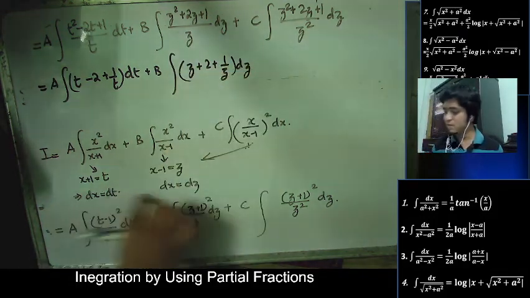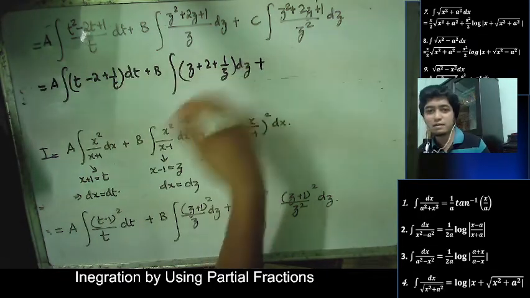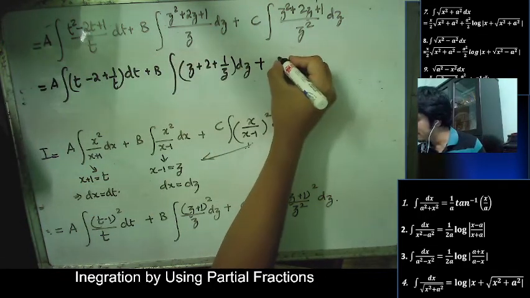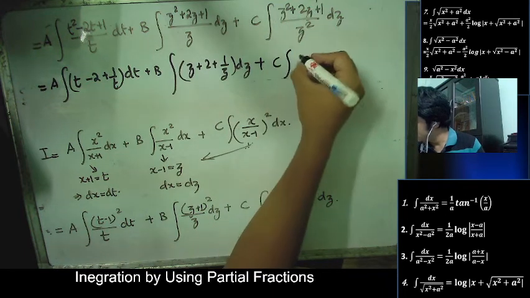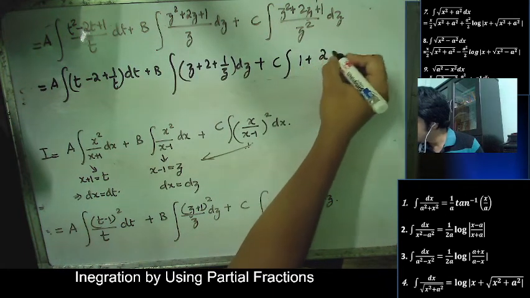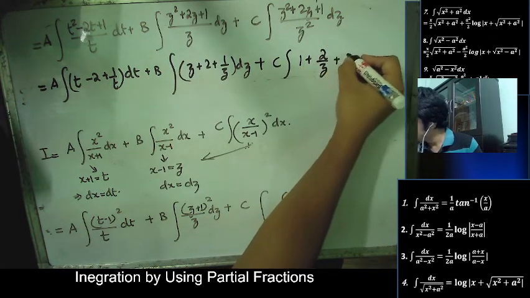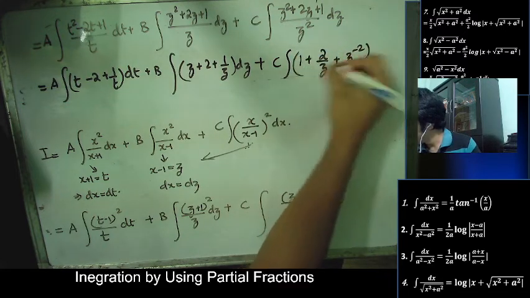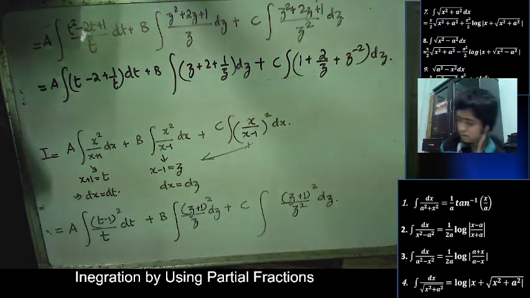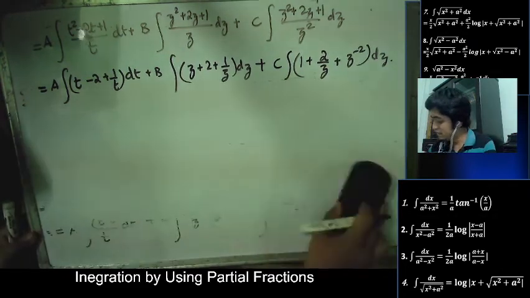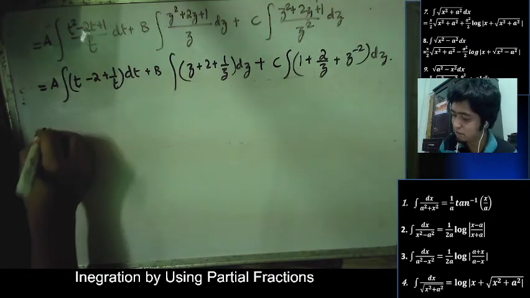Remember the substitutions; you will have to substitute them back again. So over here will be 1 plus 2 by z plus z power minus 2 dz. Let me complete it, and then you will have to substitute the values on your own.